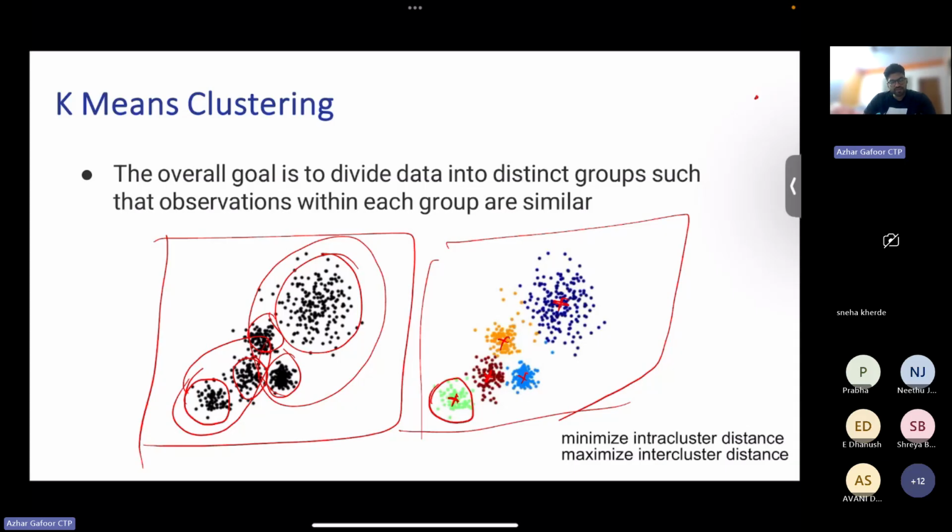The algorithm will minimize the intra-cluster, that is within-cluster distance, and it will try to maximize the distance between the clusters. That is the main idea behind k-means clustering.